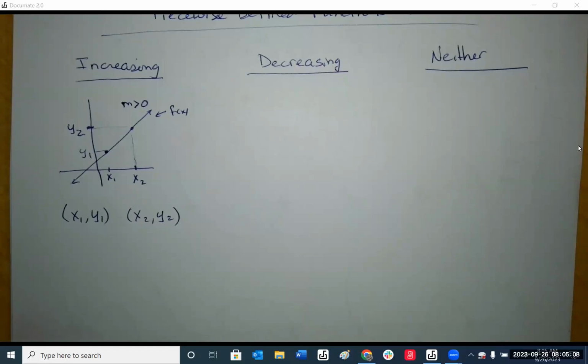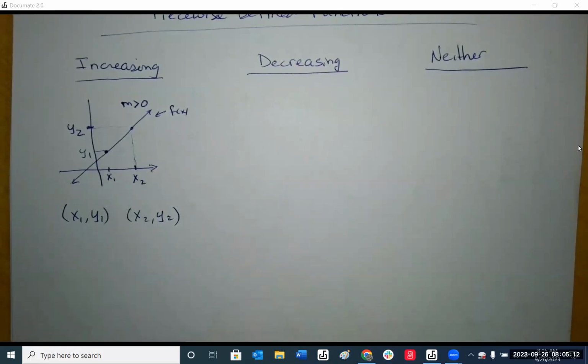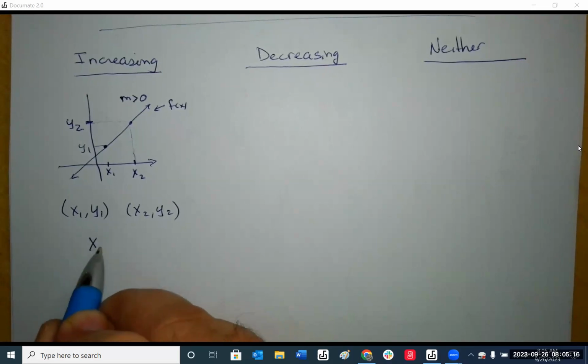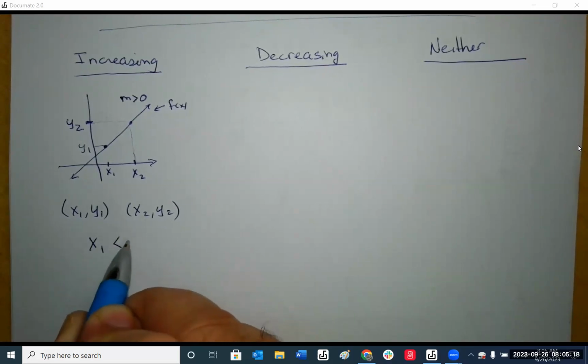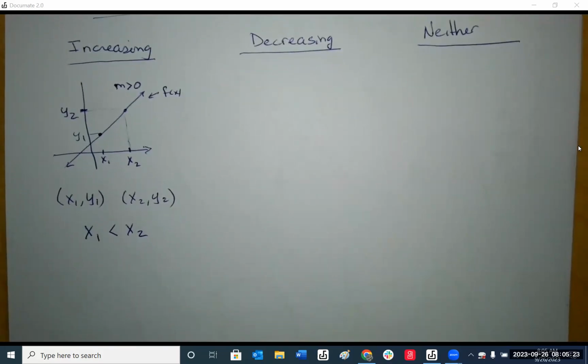We always look at the x values. You notice the x is always going to infinity. So one of the conditions that we have to have is that x1 has to be less than x2. The x value of our first point is going to be less than the x value of the second point.